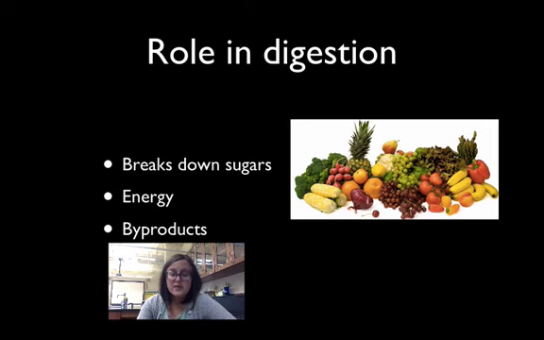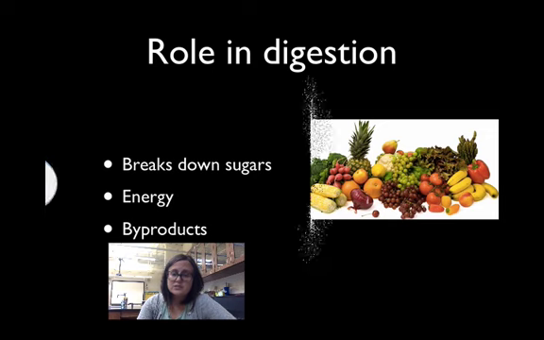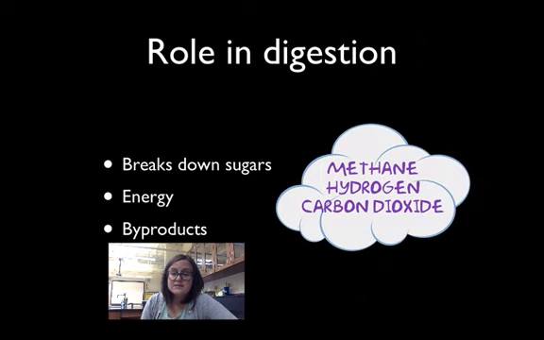There are some other byproducts of this that are not particularly useful, and these are the gases methane, hydrogen, and carbon dioxide. These byproducts are released from our body through our breath or through flatus, which is the scientific term, and what is, I would say, commonly referred to in polite company as passing gas.